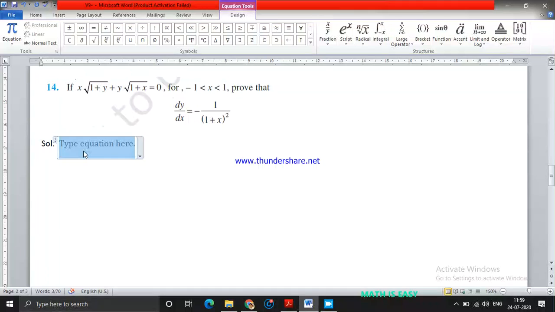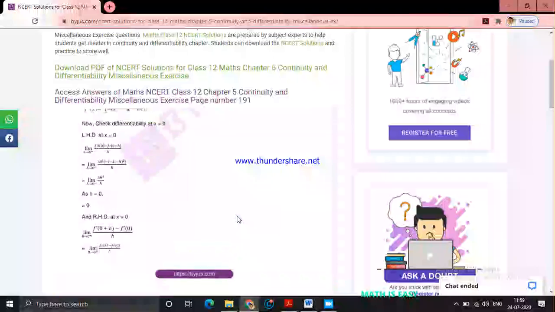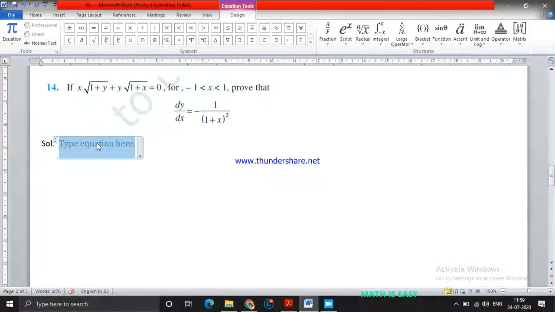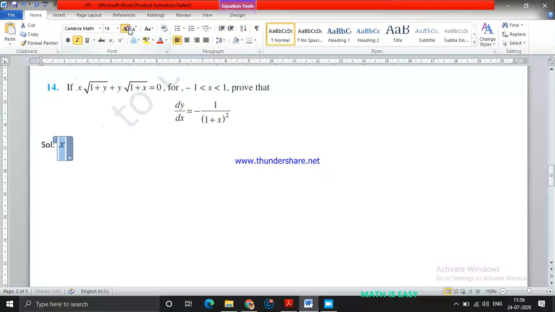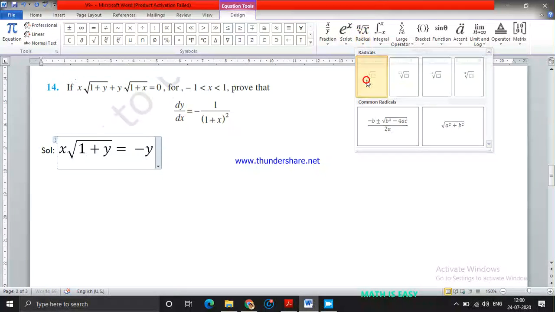What you can write here is, you have x under root 1 plus y, what I do is, I'll take the next term to the right hand side, minus y under root 1 plus x.